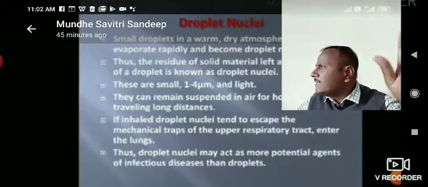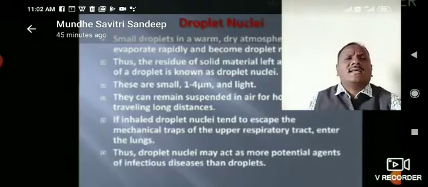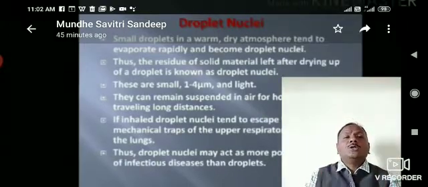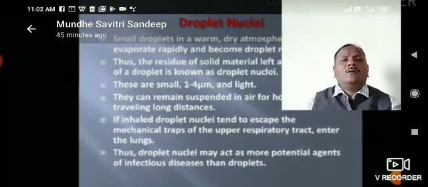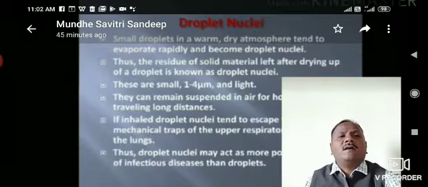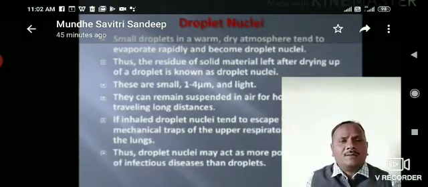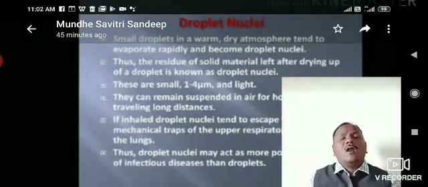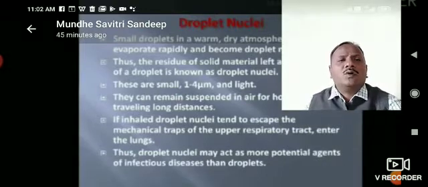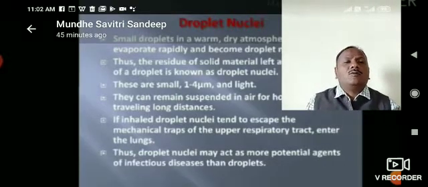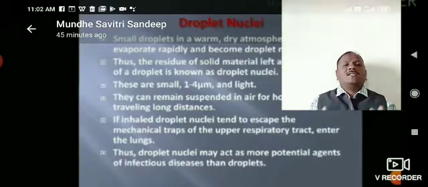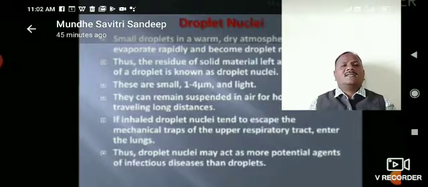These droplet nuclei are of very small size, 1 to 4 micrometer, and light weighted. They can remain suspended in air for a long period of time, and travel long distances from one place to another. Apart from that, droplet nuclei may act as a more potential agent of infectious disease than droplets.